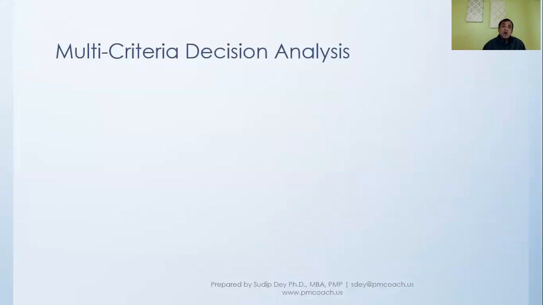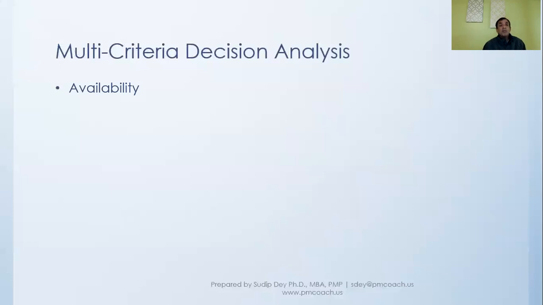And when it is not, there is a tool that can be very useful, which is multi-criteria decision analysis. So, for example, if we are getting some different resources, and we are hiring some people in our team, there are some criteria we might want to have a look at.